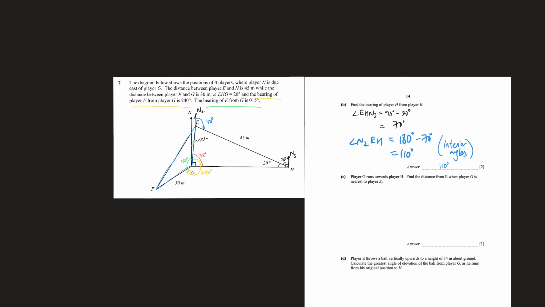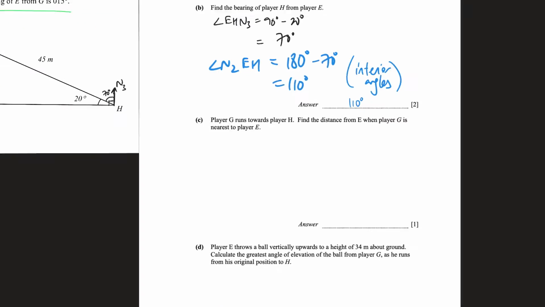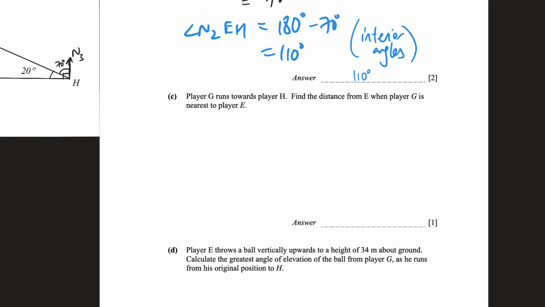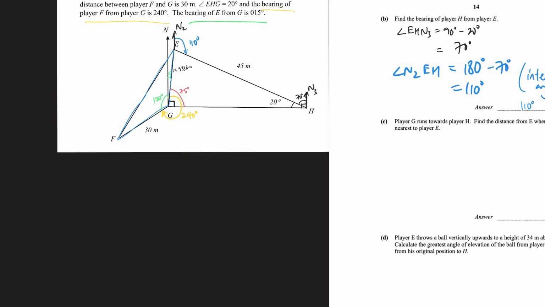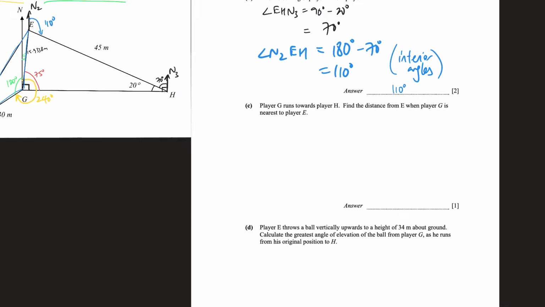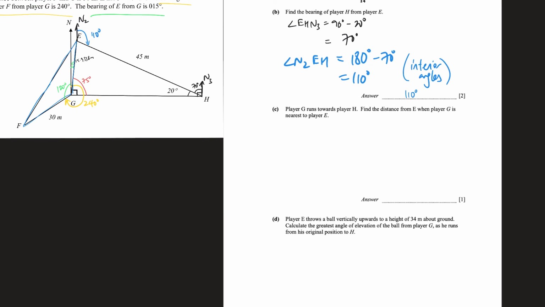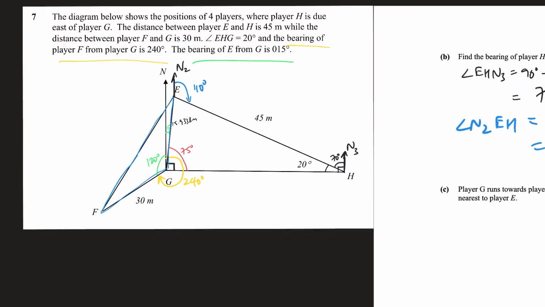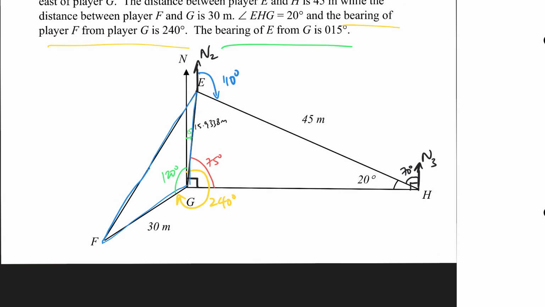Cool. All right. Player G now runs towards player H. Find the distance from E where player G is nearest to player E. So G runs towards H. Basically, if this guy from G runs to H, at some point he will be closest to E, and that's when we drop a perpendicular over here.